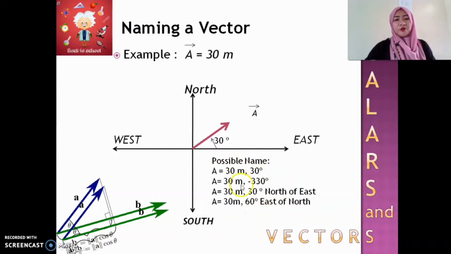You have to recall from your mathematics class that an angle that is counterclockwise from the x-axis is positive, otherwise it is negative. In this case, from the x-axis in this direction, that is 30 degrees, and clockwise, that is negative 330 degrees, because we know that one revolution is equal to 360 degrees, so you just subtract this angle from 360 degrees, and you'll have negative 330 degrees.